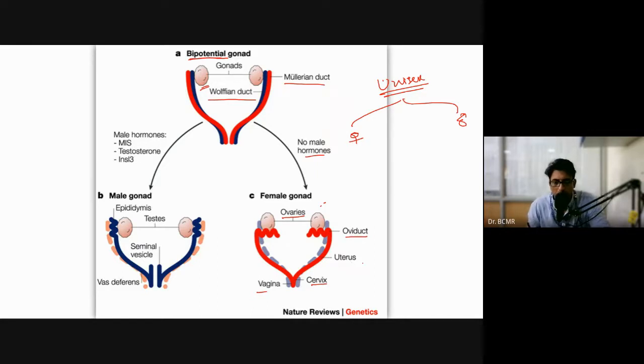Whereas if SRY and others are present, male hormones are eventually produced, because of which the Mullerian duct regresses, and the Wolffian duct develops, which will form the epididymis and vas deferens, and of course the testis.